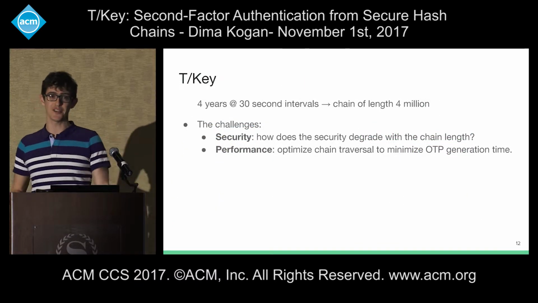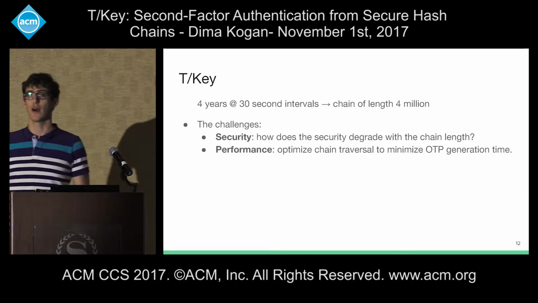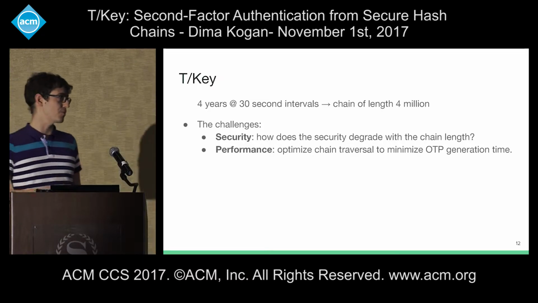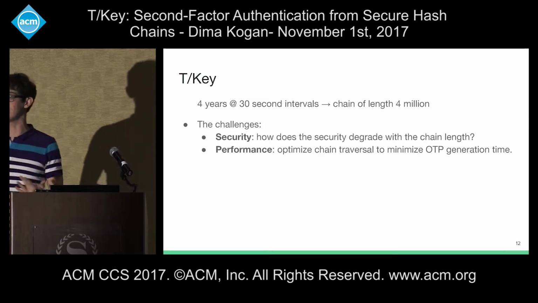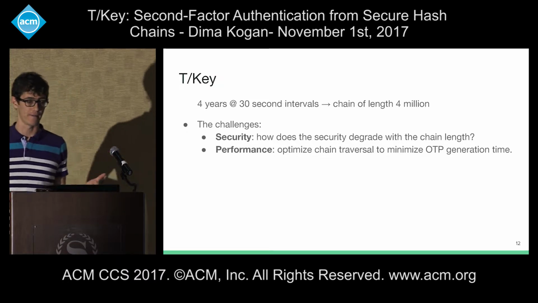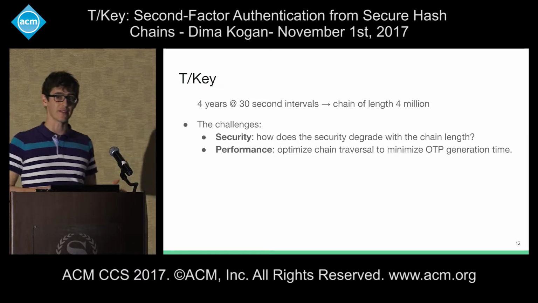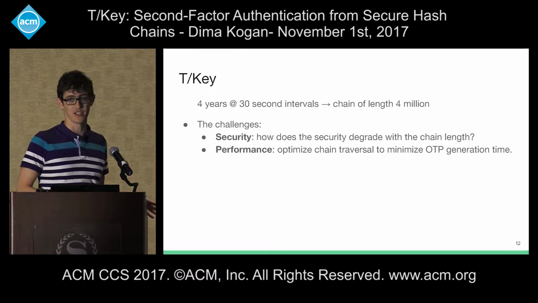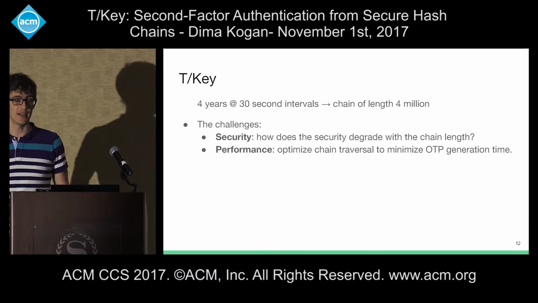So a quick calculation shows that for our scheme to support 4 years of authentication using 30-second intervals, the chain has to be more than 4 million elements long. And using a chain of that length poses two concrete challenges. The first challenge is the security.